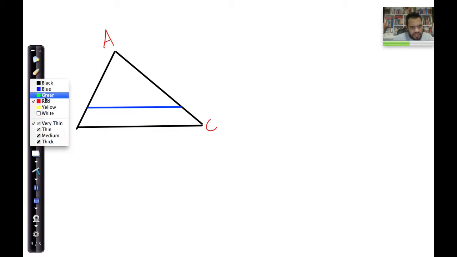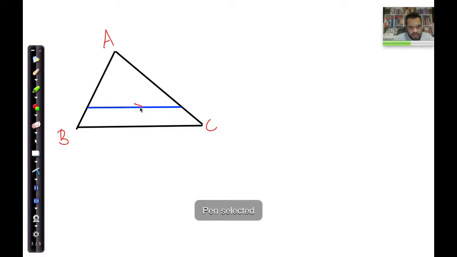I'm going to claim that that line is parallel because we are constructing it in such a way that that line is parallel to that. That is D and that is E, right? So let's say DE parallel to BC, with D on AB. D lies on AB and E lies on AC over there.